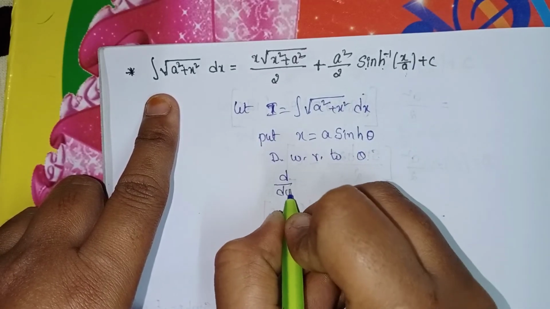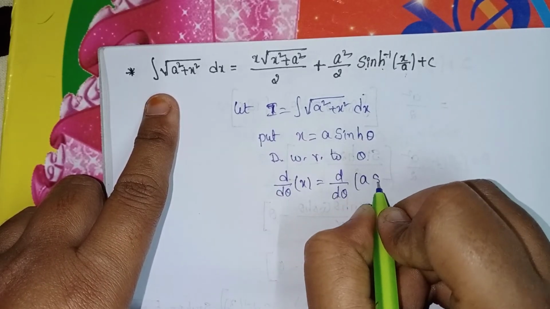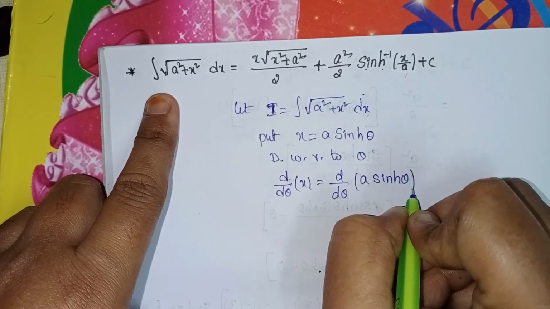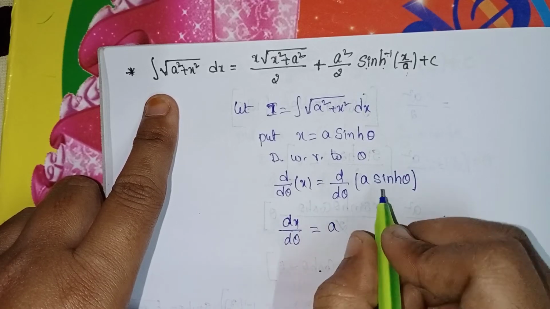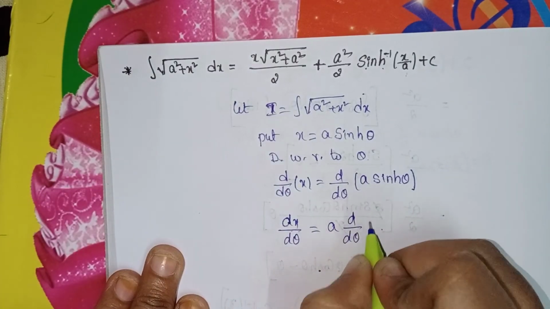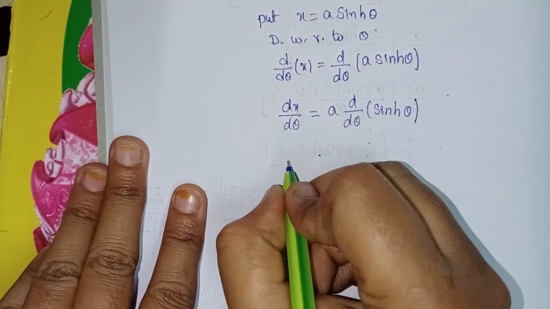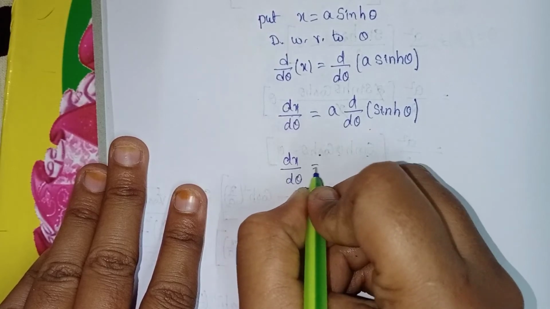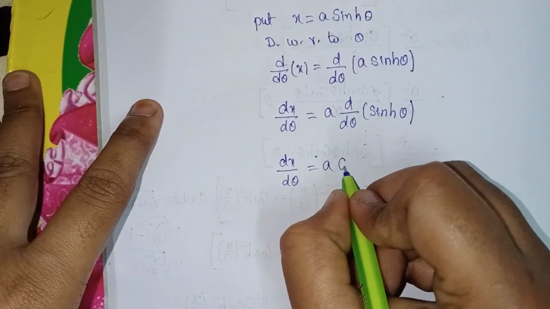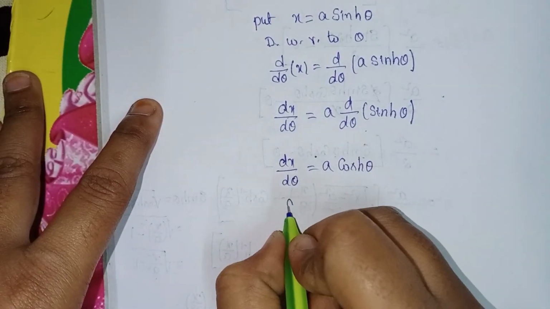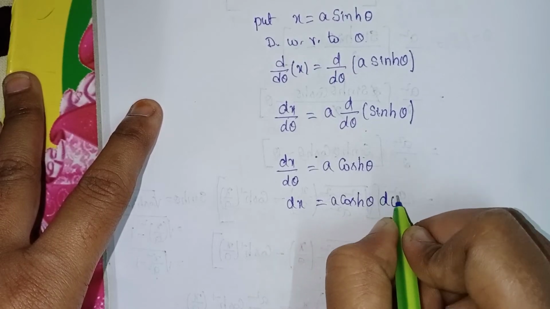D by d theta of x equal to d by d theta of a into sinh theta. dx by d theta equal to a into d by d theta of sinh theta, which is cosh theta. So dx equal to a into cosh theta d theta.